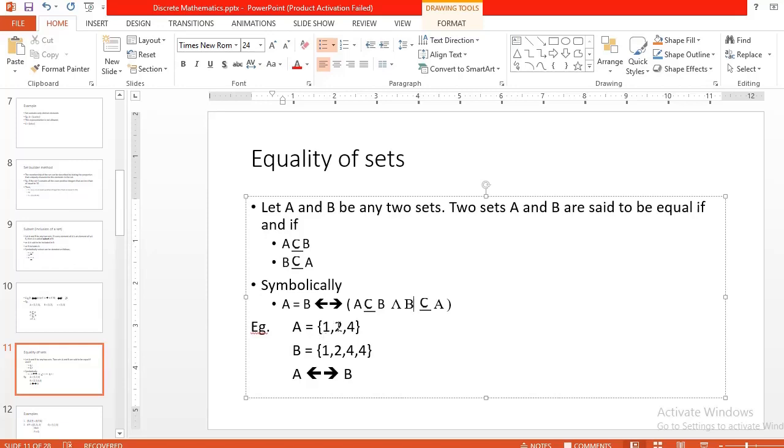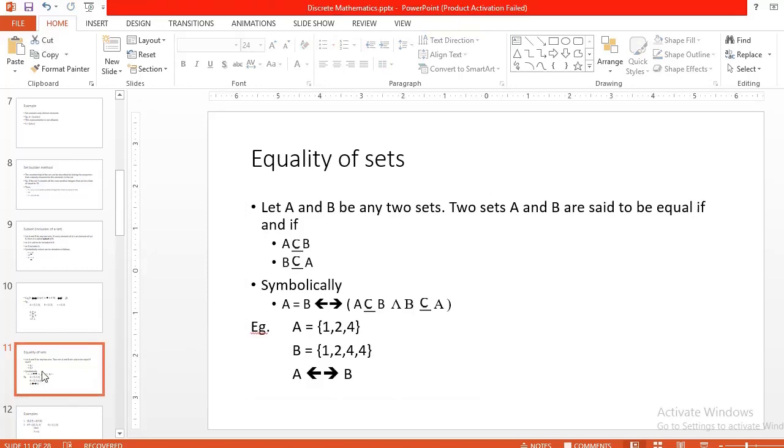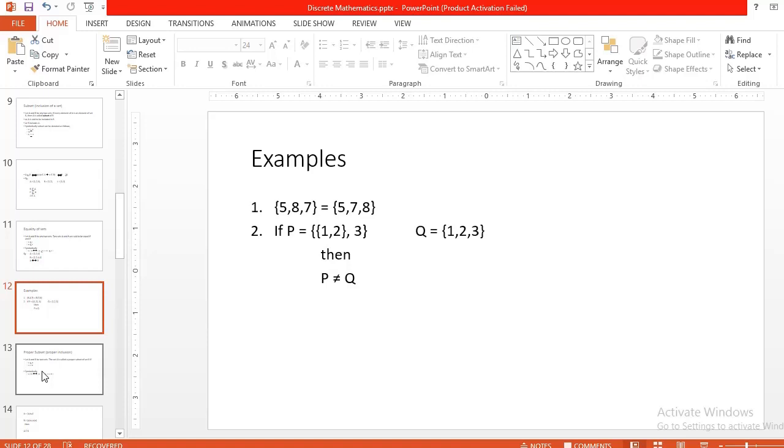So A contains the elements 1 to 4, and B contains the same. By the definition, we can check that A is a subset of B and B is a subset of A. The conditions are satisfied, so we can say that A is equal to set B. Understood? Next example.